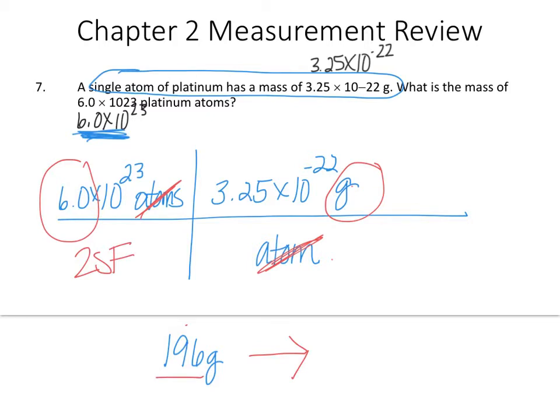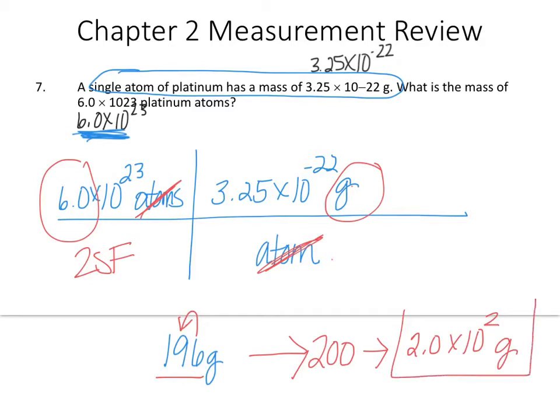And I look at this and I see that that would bump that up. And so it would actually make it 200 if I bumped it up, but that would not be the correct number of significant figures. So we actually would need to put that answer in scientific notation to get it to be reported correctly. So we would say this is 2.0 times 10 to the 2 grams, okay?